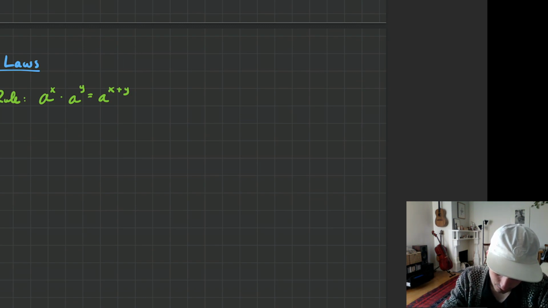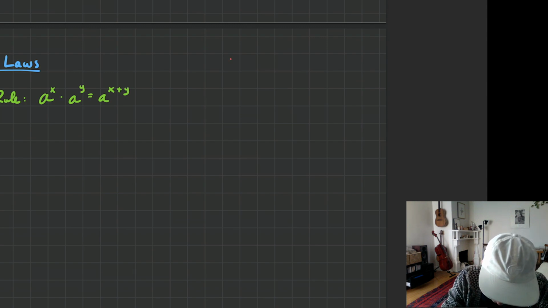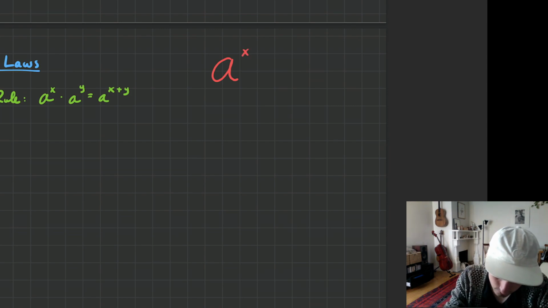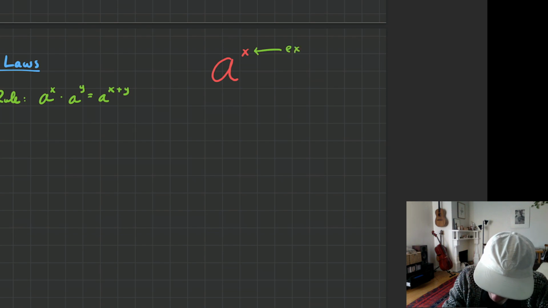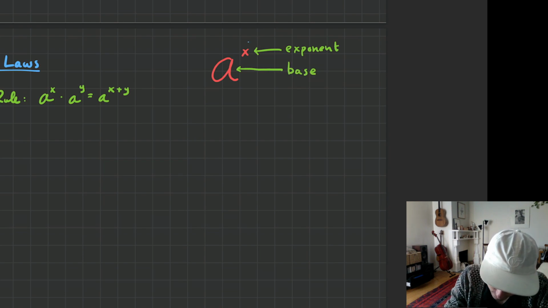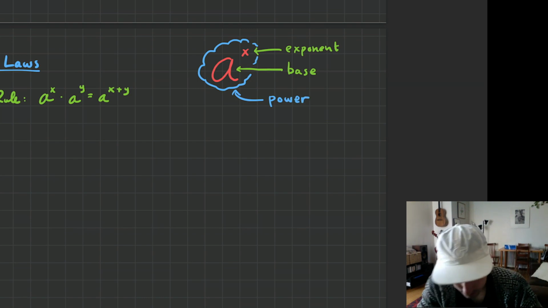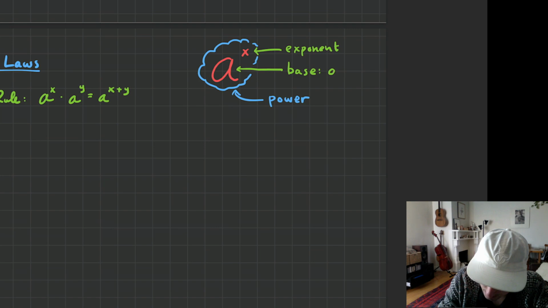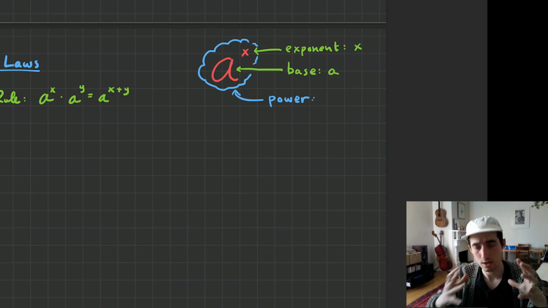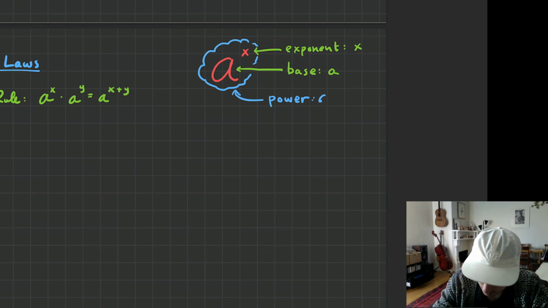So I want to show you just a few more terms. I'm going to make these nice and big. If we have a to the power of x, x we call the exponent. Okay, a we call the base. And the whole thing, all together, is called a power. So the base is a, the exponent is x, and the whole thing considered as one thing is a power.